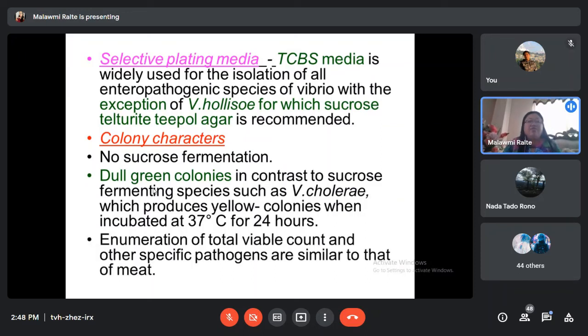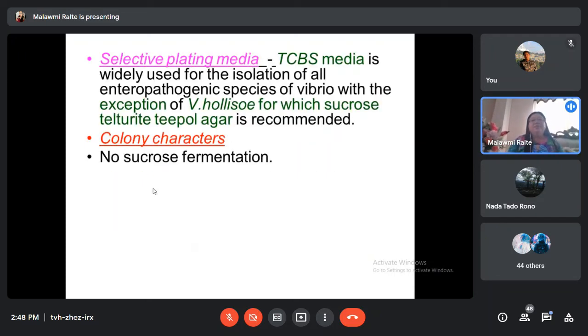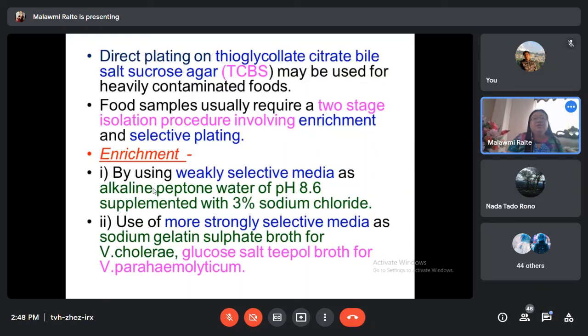Then you can count the total viable count and other specific pathogens, similar to that of meat. So this is how we have to do it. The main important thing is the enrichment media, that is alkaline peptone water with pH 8.6 supplemented with 3% sodium chloride, or sodium gelatin sulfate broth.